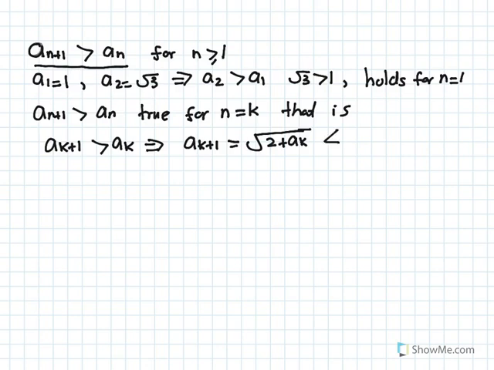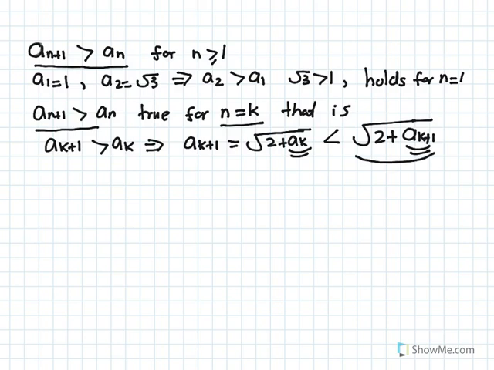But this is less than the root of 2 plus a_{k+1}. Why is that? That's because by our assumption, a_k is less than a_{k+1}. We're assuming that this result is true for n equals k, which means a_{k+1}, the successive term, is bigger than the previous term. But if we look at this very closely, this is actually a_{k+2}. We have proven that a_{k+1} is less than a_{k+2}.